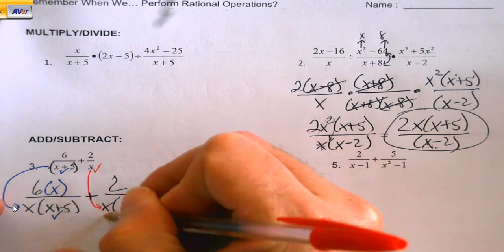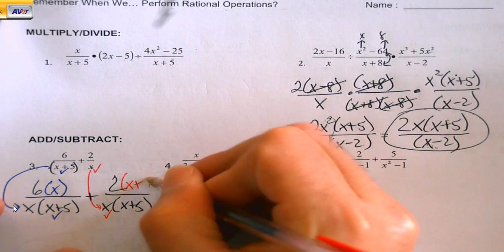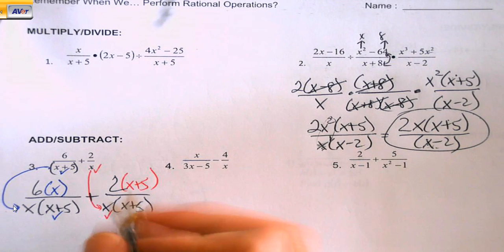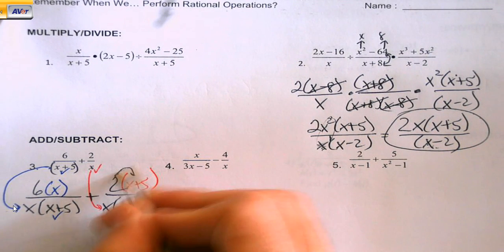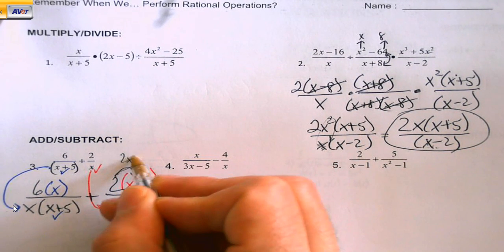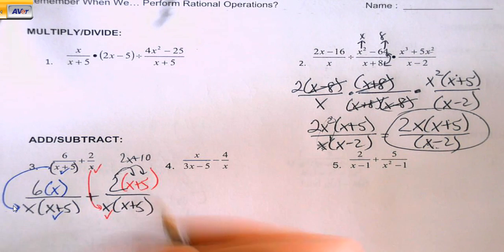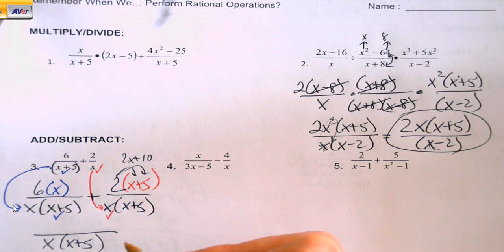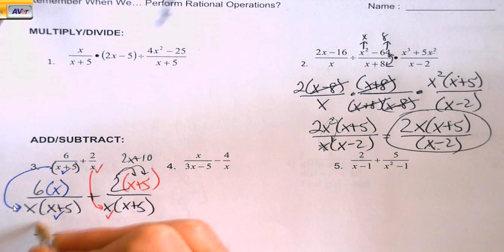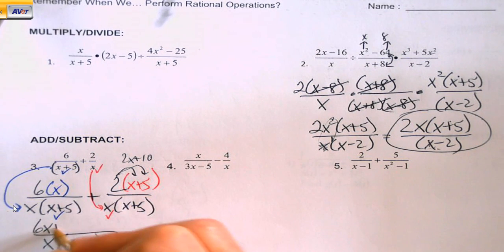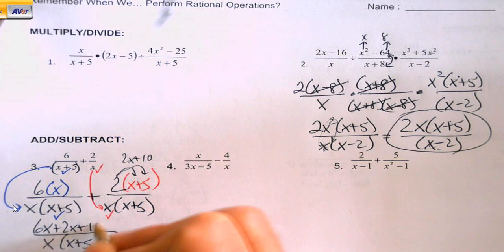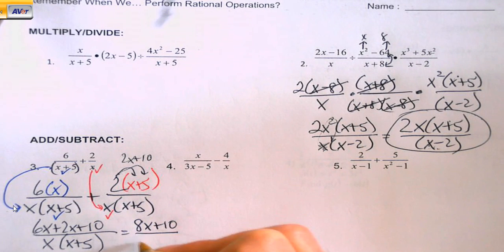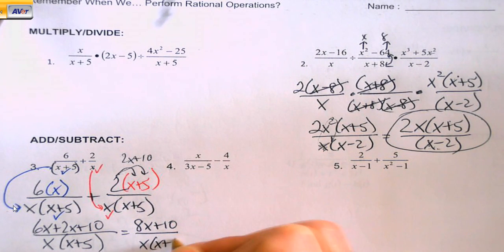Check off what I've already got, put in what I need. So I look here, I got some distributing to do. Do not get rid of your denominator. This is not an equation. So 6x plus 2x plus 10. 8x plus 10 over x plus 5.